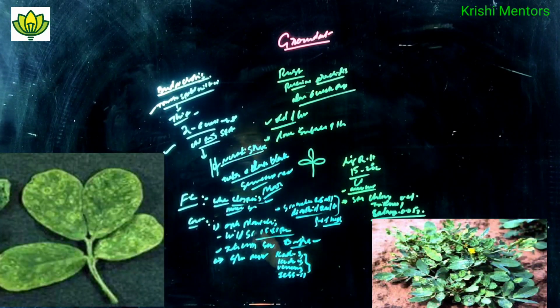Okay, remember from the exam point of view, generally for control of viruses there is no chemical available in the market, but chemicals are used for the control of the insect which transmits the virus from one plant to another. So we have to control the insect, and automatically the viral disease is stopped.